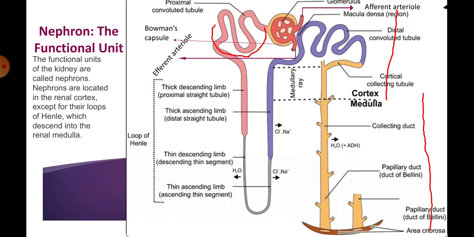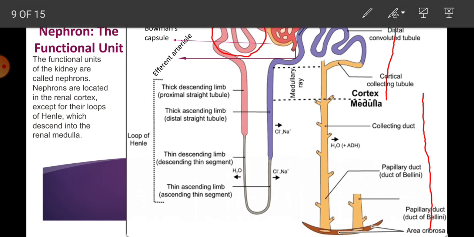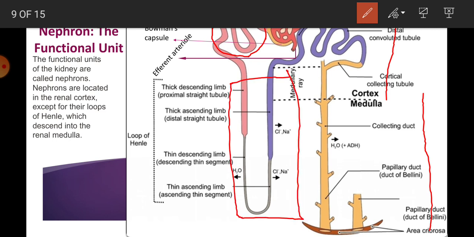And then this part is called the loop of Henle, and in the loop of Henle this portion is going lower and it is called the descending limb, and this portion is going upward, this is called the ascending limb.